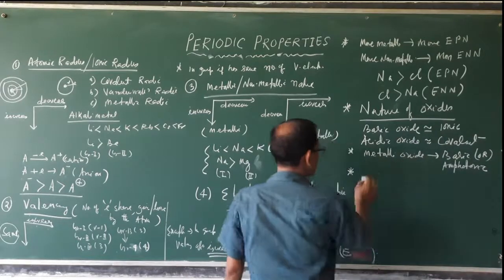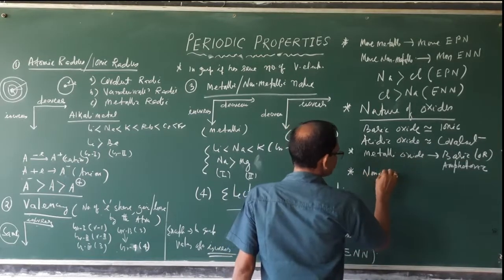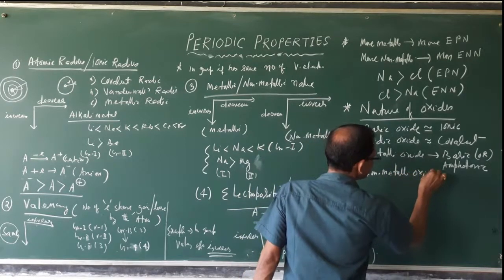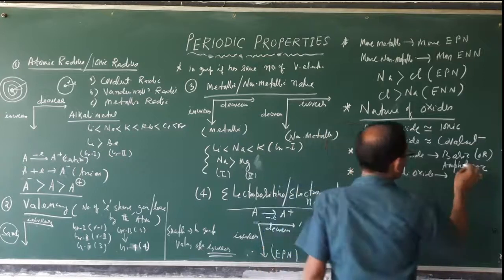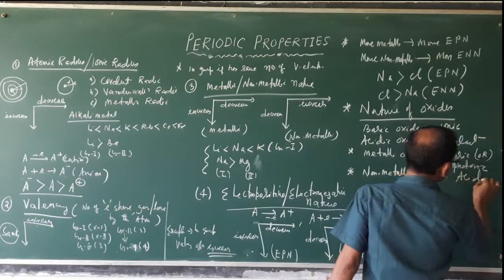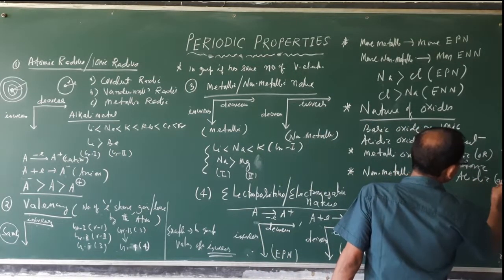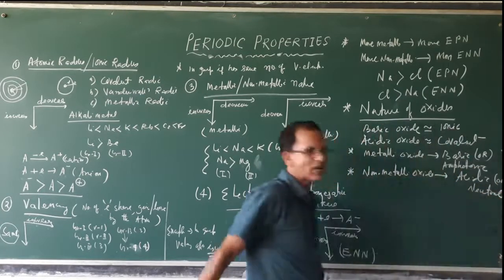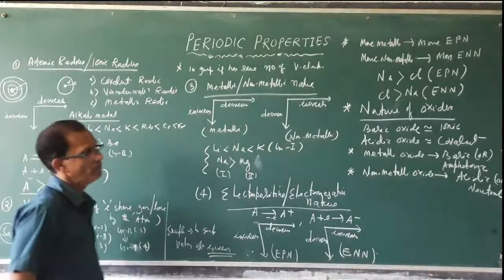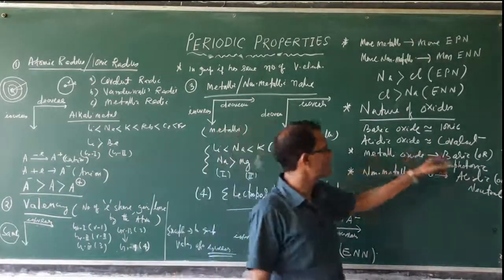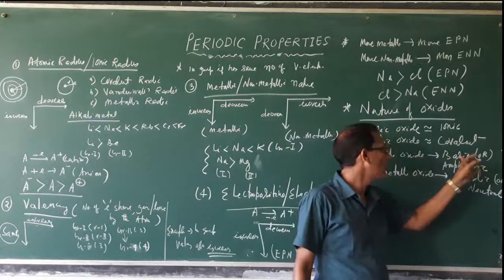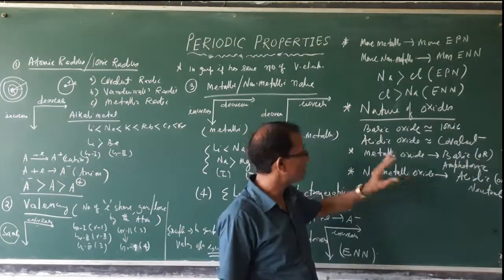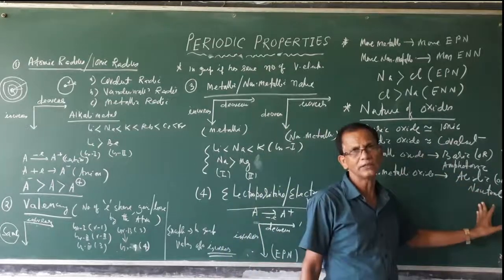Metal oxides are basic, and non-metal oxides are acidic or neutral. This is very important theory. More metallic character means more basic character, or it may be amphoteric. Non-metallic character means the oxide will be acidic or neutral.